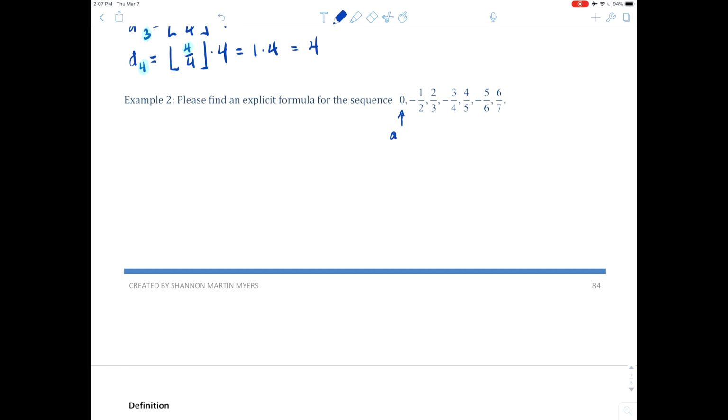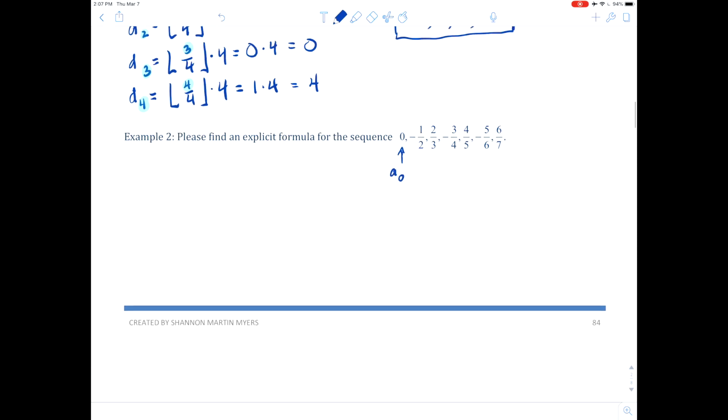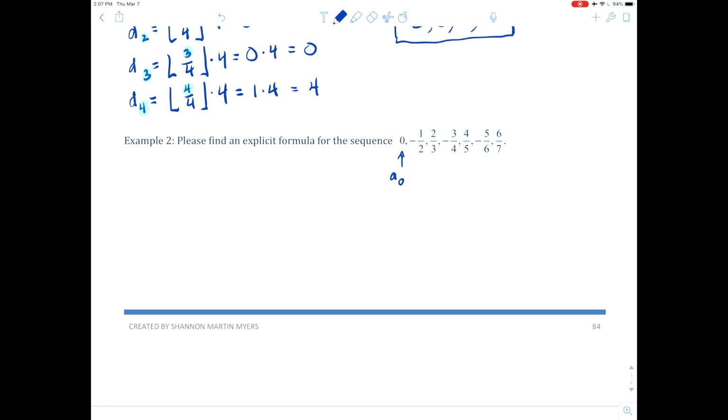So we'll have A0, right? So we'll call our general sequence A sub k, right? So A0 is 0, and we have A1 is negative 1/2, A2 is 2/3, A3 is negative 3/4. So do you see that this is changing signs?